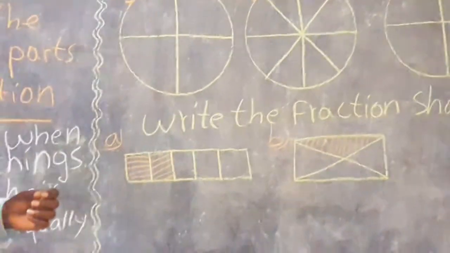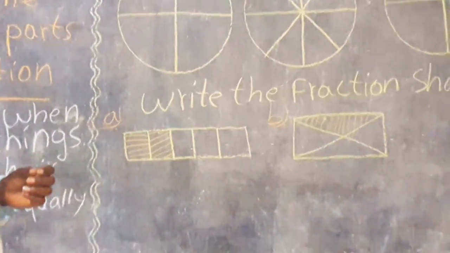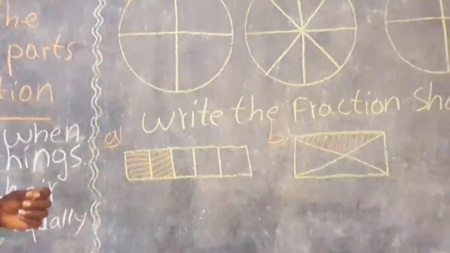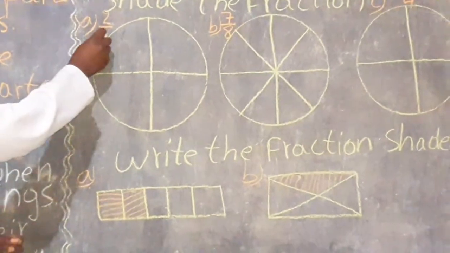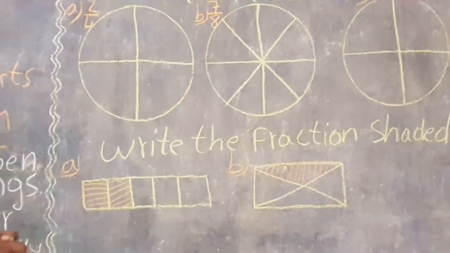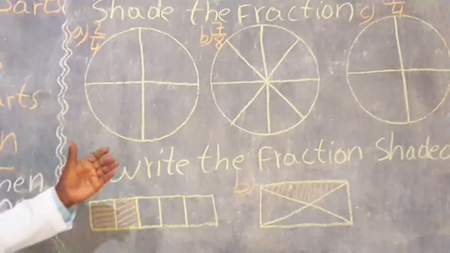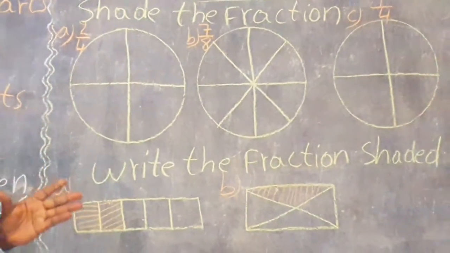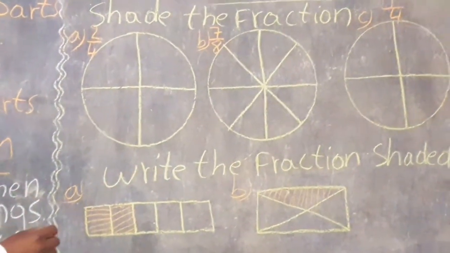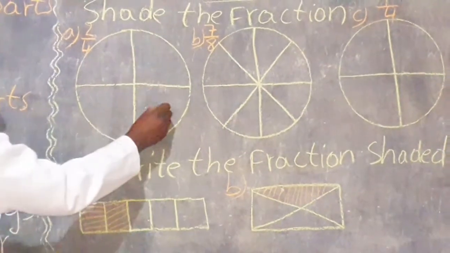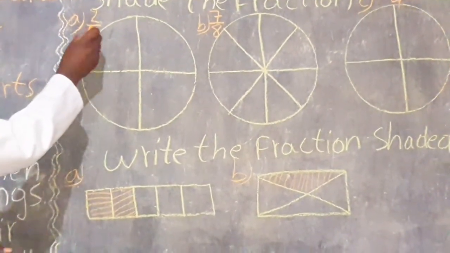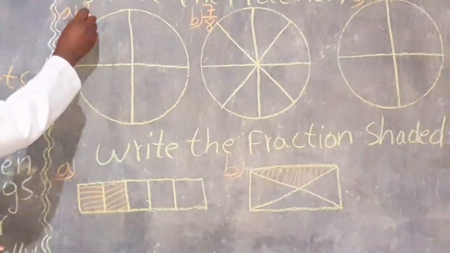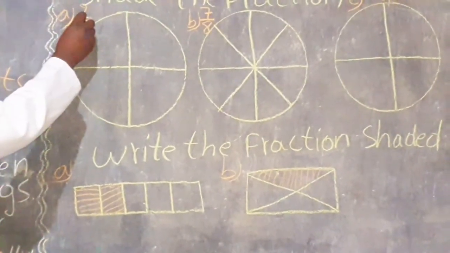Because numerator means the number of taken parts in available parts. Here the number of taken parts is 2. And all available parts are 4. 1, 2, 3, 4. This is denominator 4, and we are going to shade 2 to represent 2 parts.